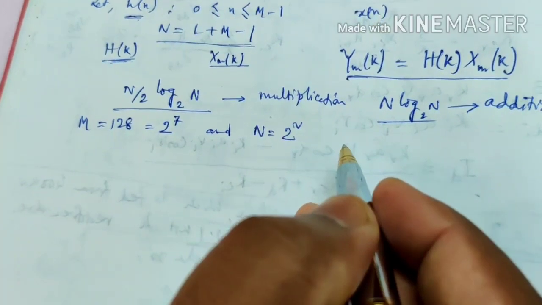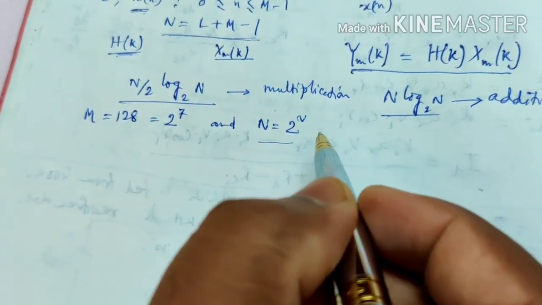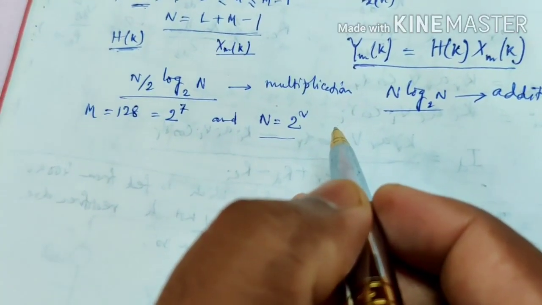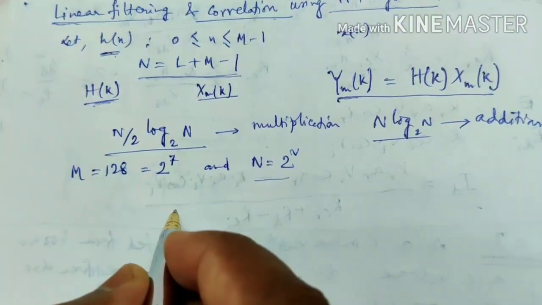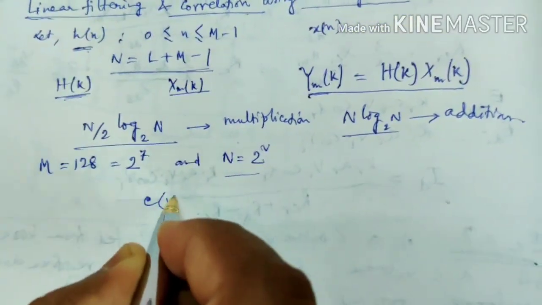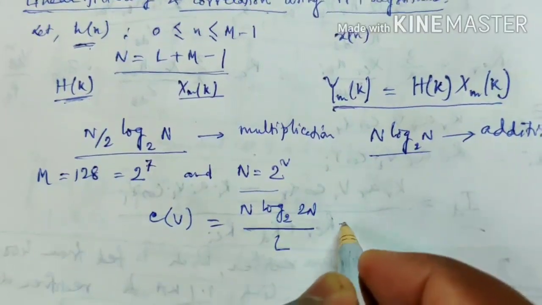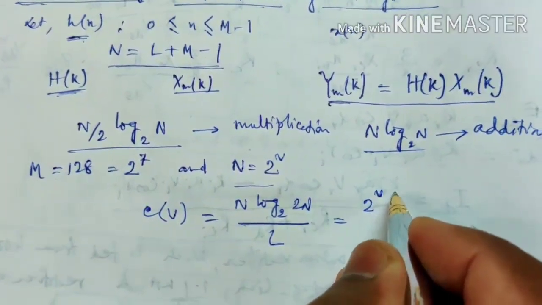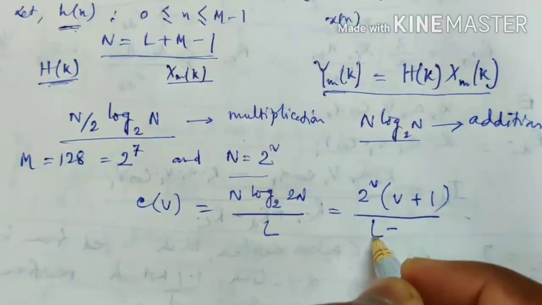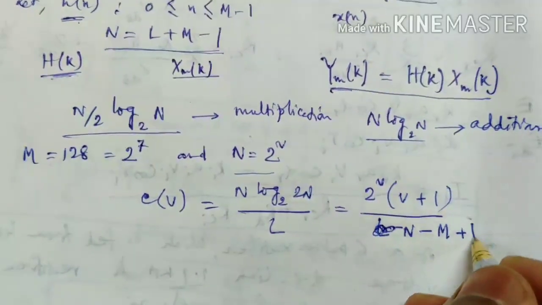Then the number of complex multiplications per output point for an FFT size N equals 2 to the power v is C(v), which is N log base 2 of 2N divided by L, equal to 2 to the power v times (v plus 1) divided by L, where L is N minus M plus 1.